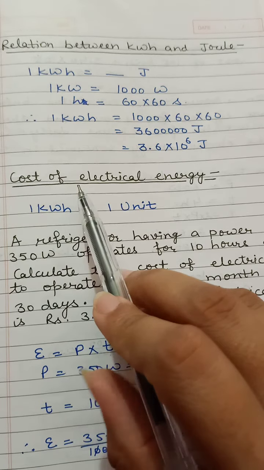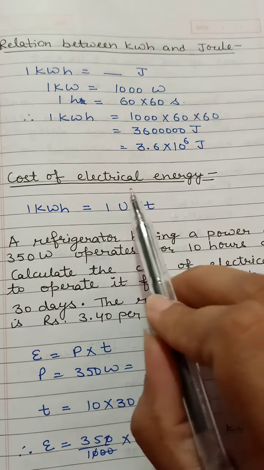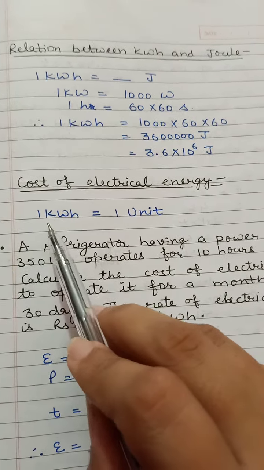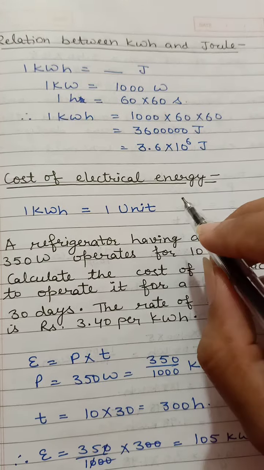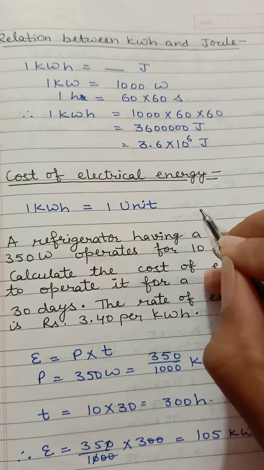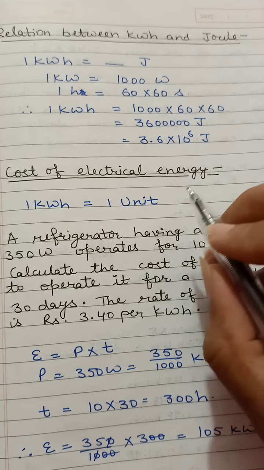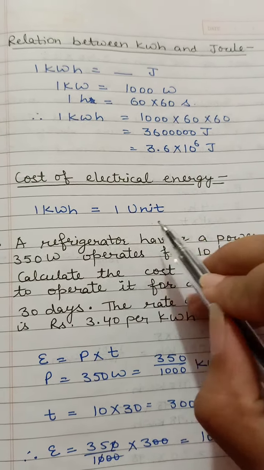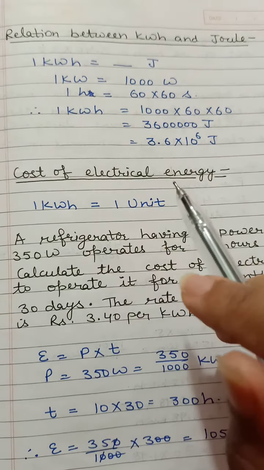Now how can we calculate the cost of the electrical energy? 1 kilowatt hour is equal to 1 unit. As you have seen in the electricity bills of your meter, you get the number of units, and that 1 unit is equal to 1 kilowatt hour.